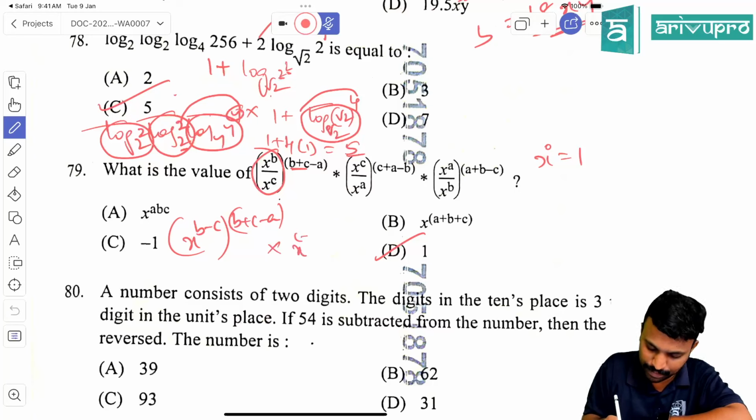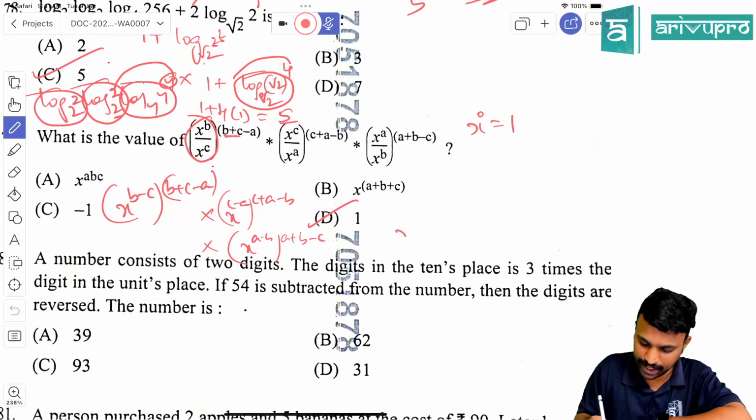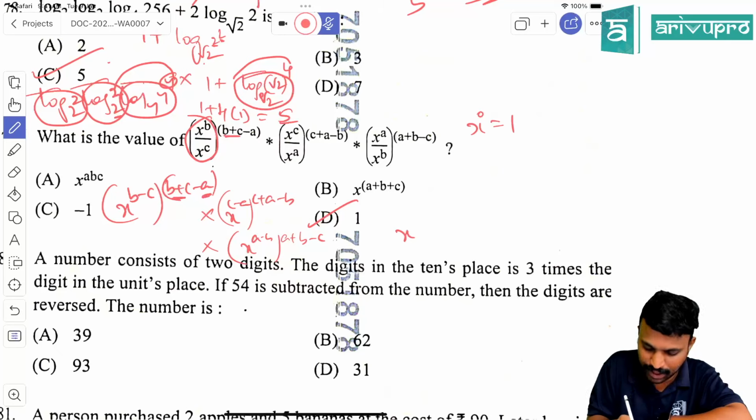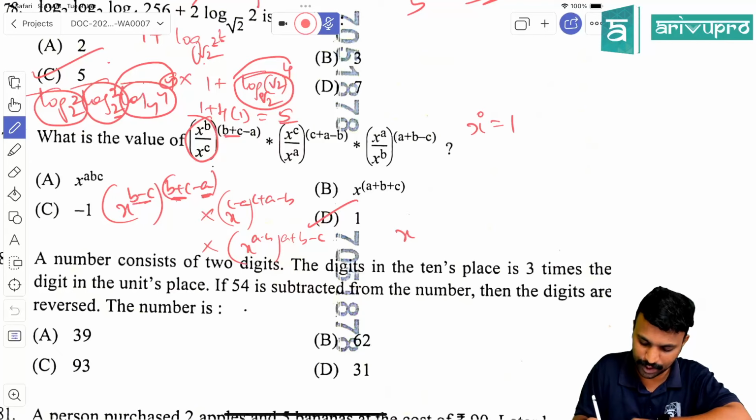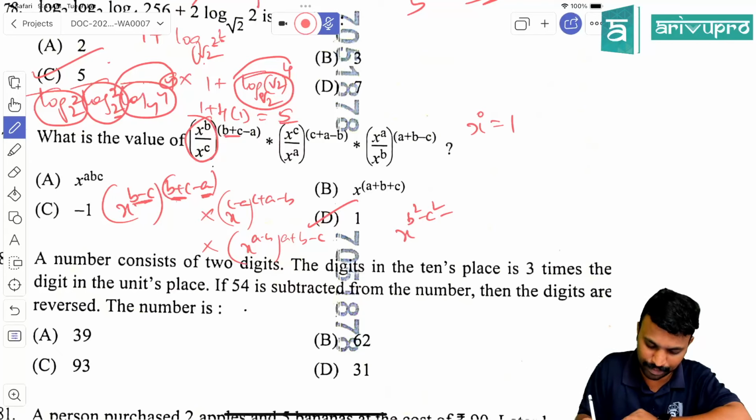Into x power c minus a into c plus a minus b, into x power a minus b into a plus b minus c. If I remove the bracket, if I combine these two and this separately, b minus c into b plus c is b square minus c square. Then b minus c into a is minus ab plus ac, right?